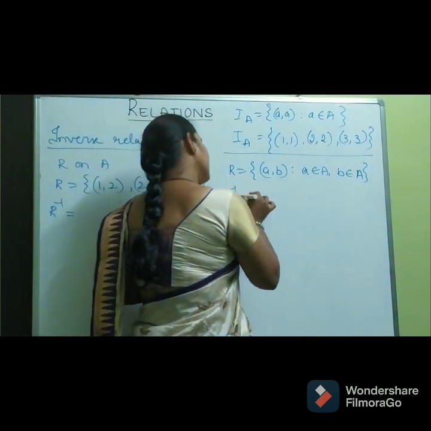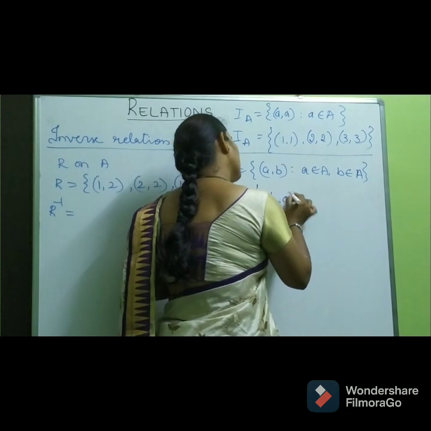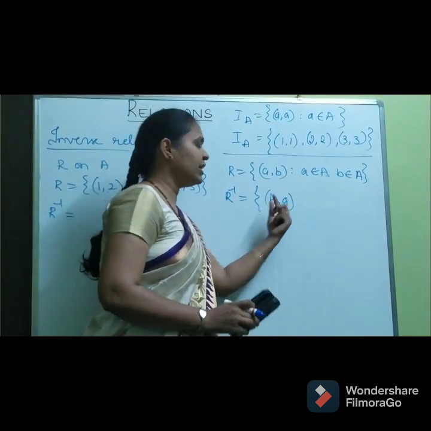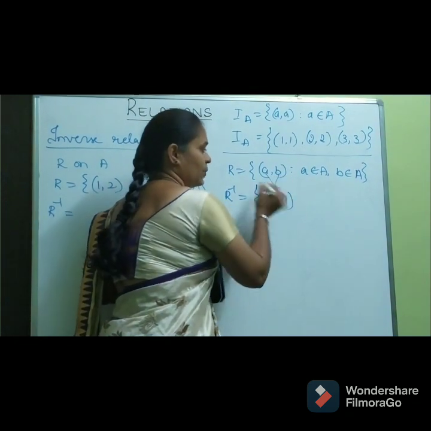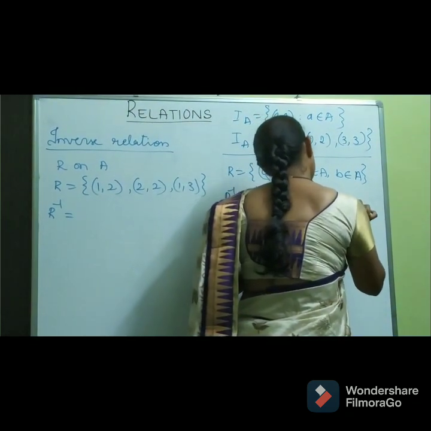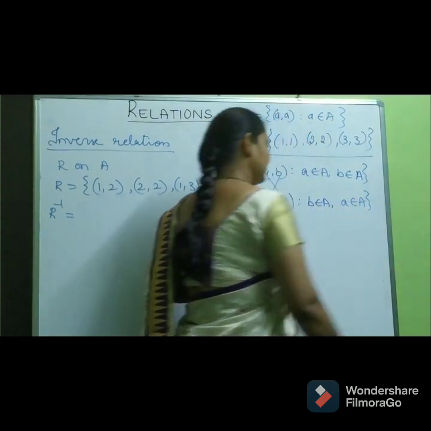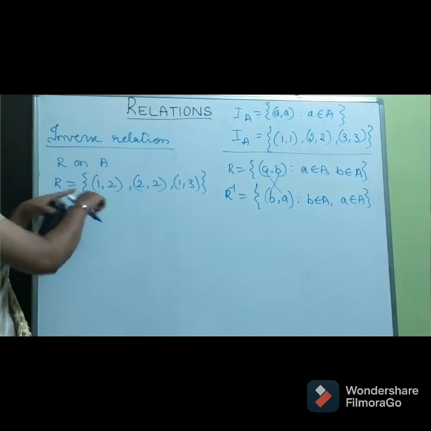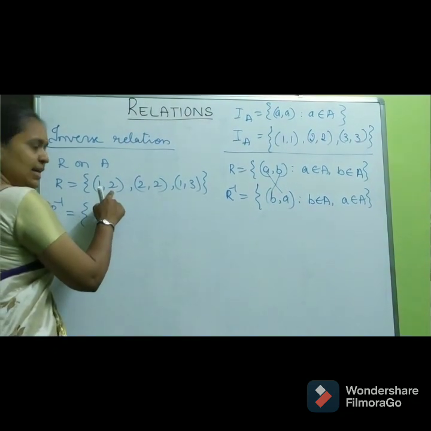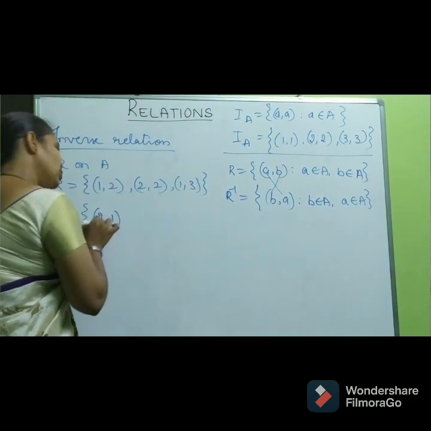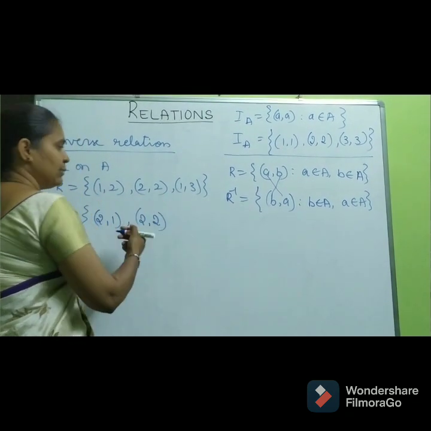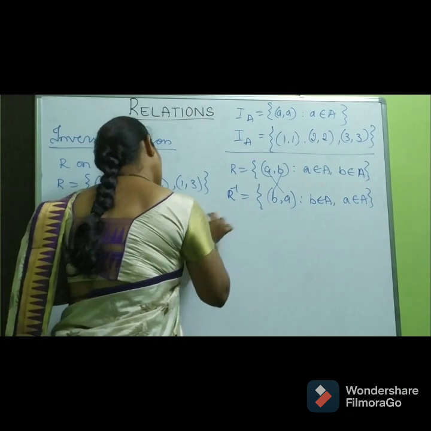Then R inverse is equal to (b, a); you only have to invert the ordered pairs, such that a, b belong to A. So (1,2) becomes (2,1), (2,2) will be the same, and (3,1) becomes (1,3).